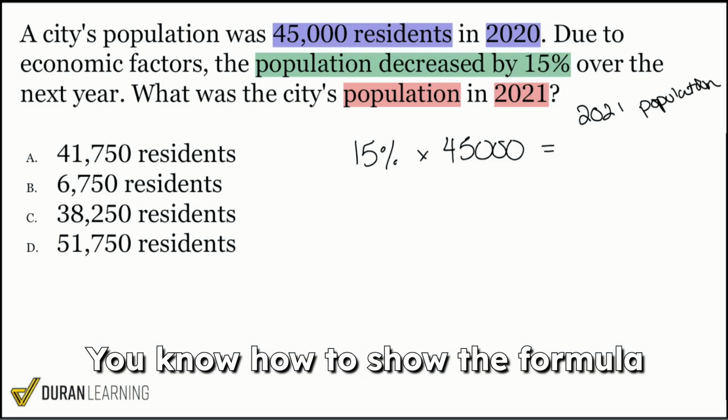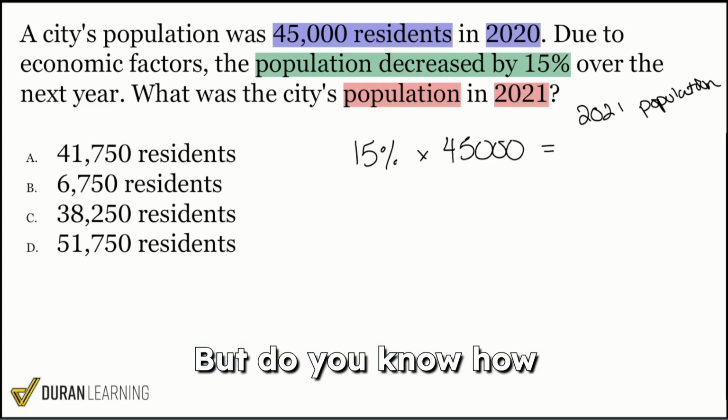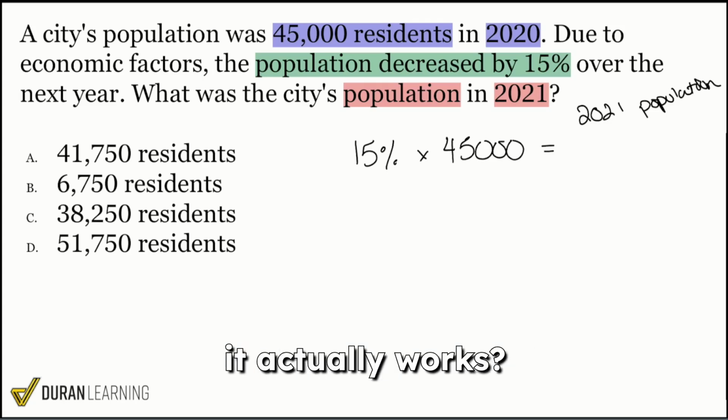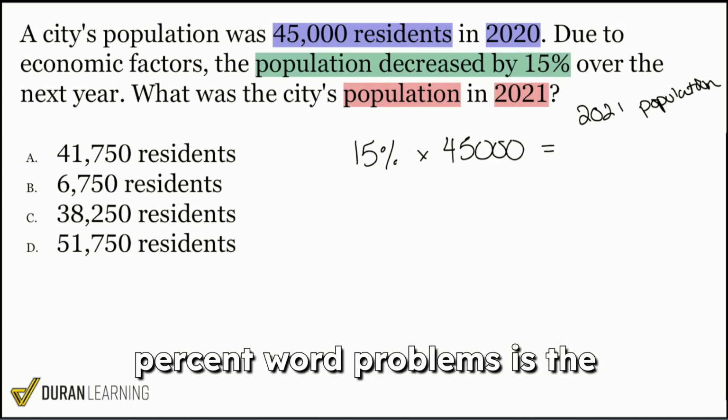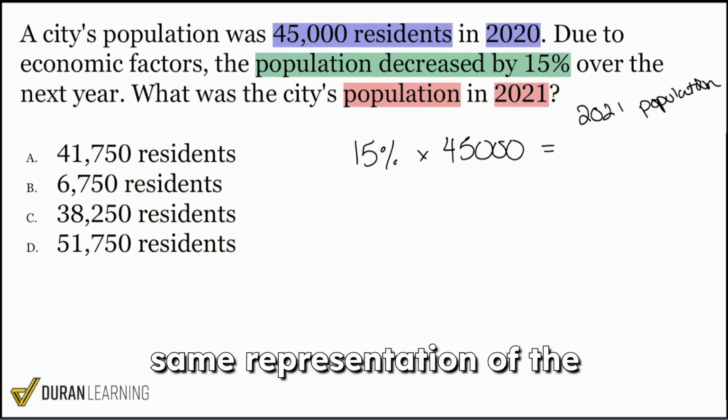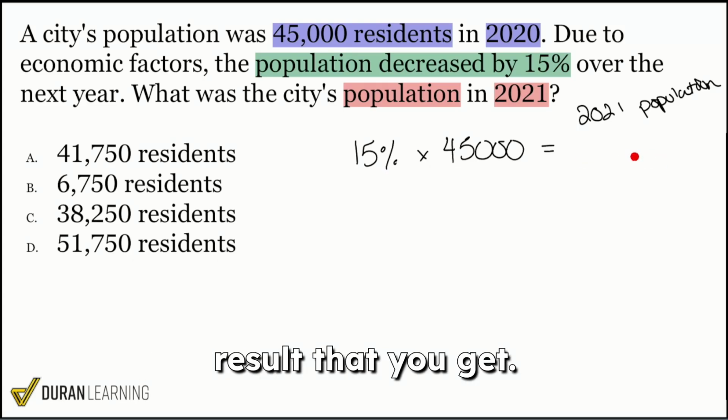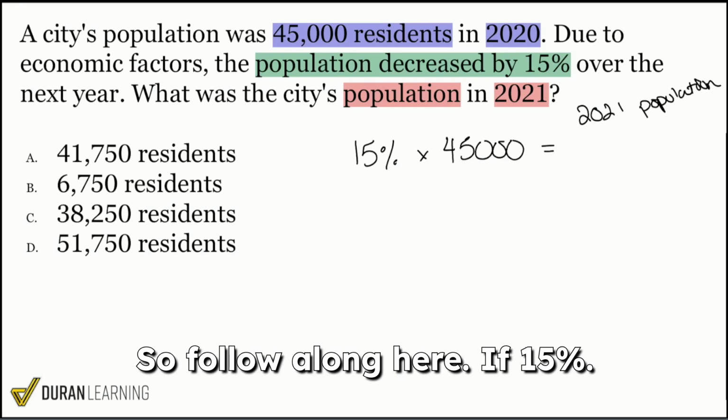You know how to show the formula for percentages, but do you know how it actually works? Because the main idea behind percent word problems is the percent that you apply is the same representation of the result that you get. So follow along here.